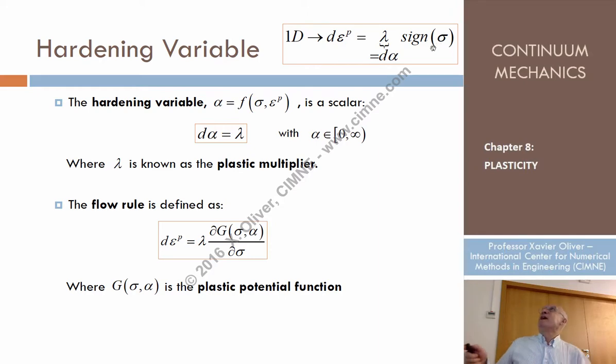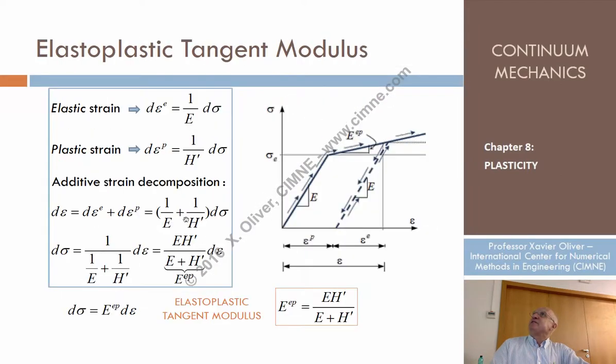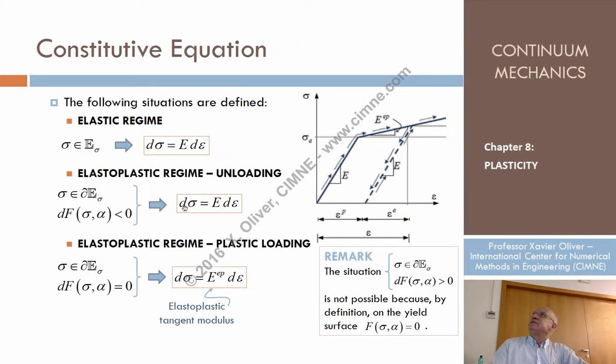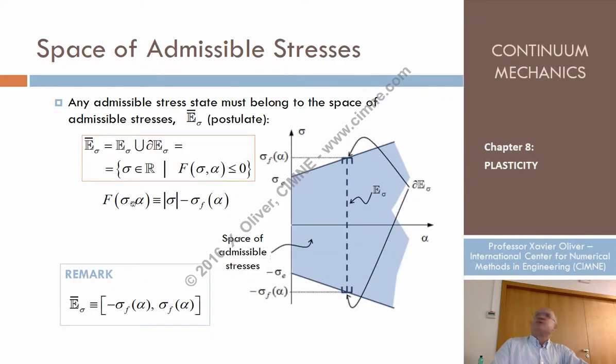Okay? By the way, what would be the equivalent of the plastic potential function in 1D cases? Any of you know? Look, if we consider the yield function that we define here, look, that function, what is the derivative of this with respect to the stresses?